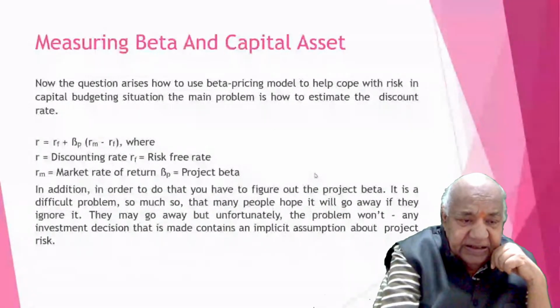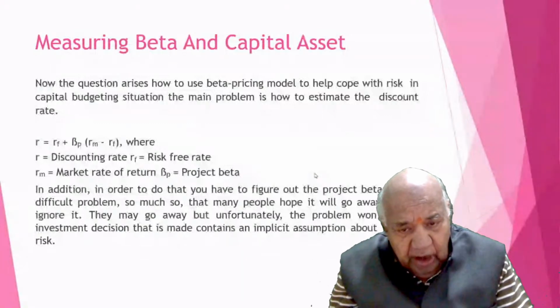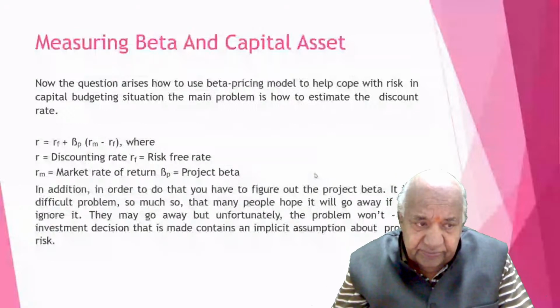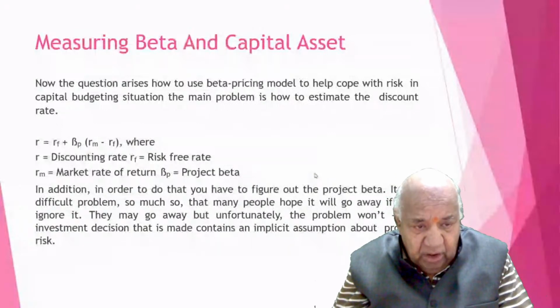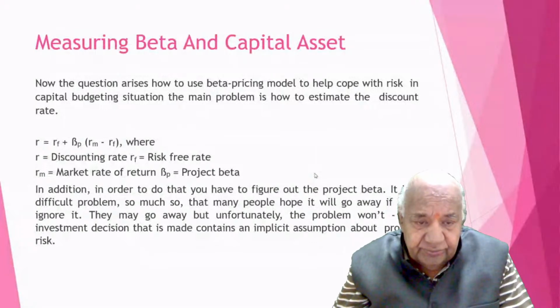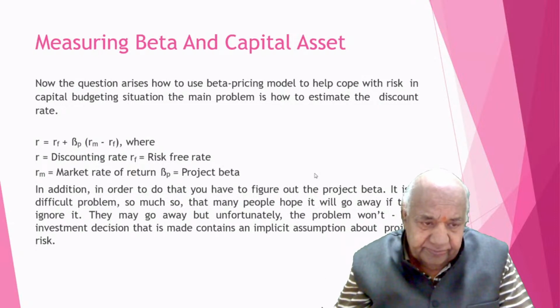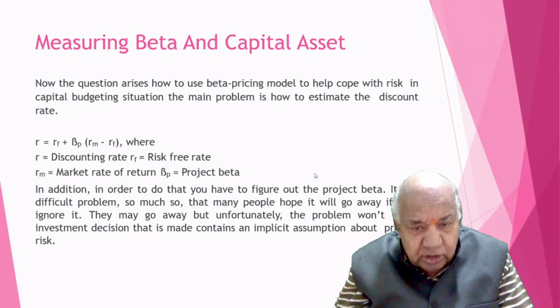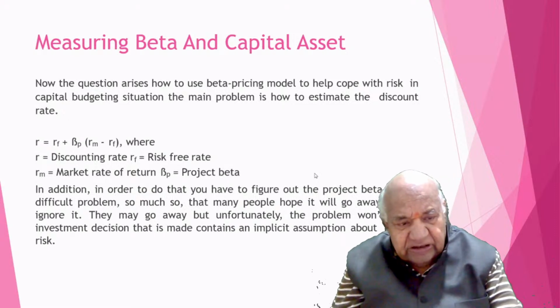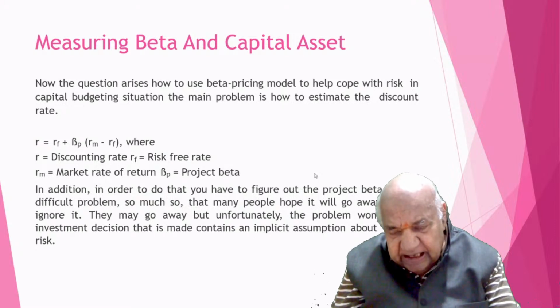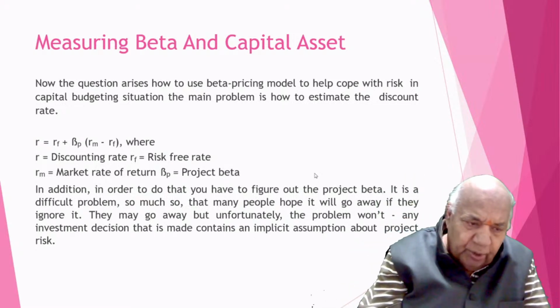In order to do that, you have to figure out the project beta. It is a difficult problem, so much so that many people hope it will go away if they ignore it. They may go away, but unfortunately the problem won't. Any investment decision that is made contains an implicit assumption about project risk.